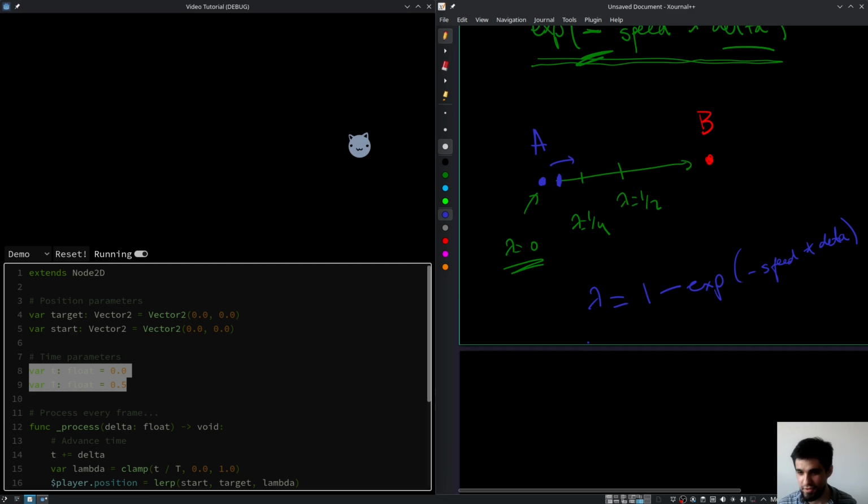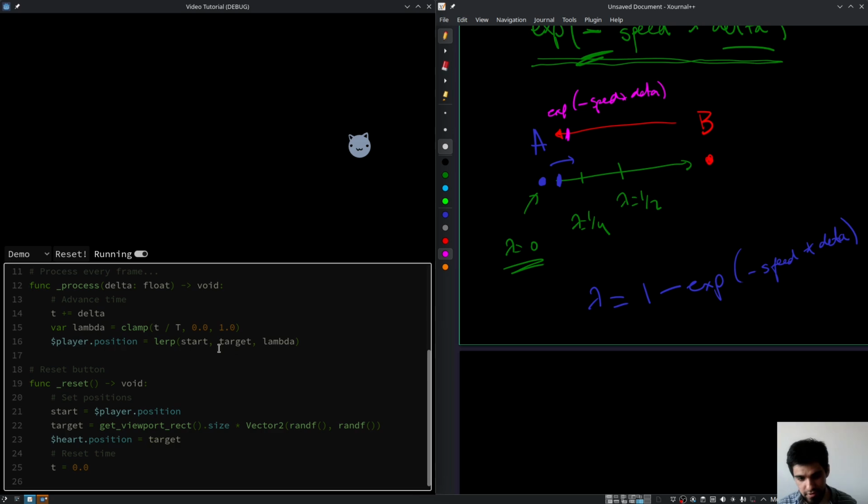But another way to do this is to use linear interpolation the other way, going from B to A and multiplying by this exp of minus speed times delta, which is again a number very close to 1, like 0.99. And since it is now going from B to A, it's going to be something very close to A.